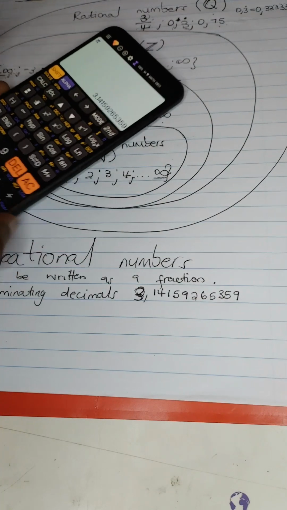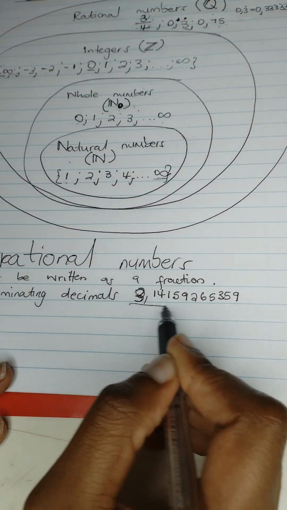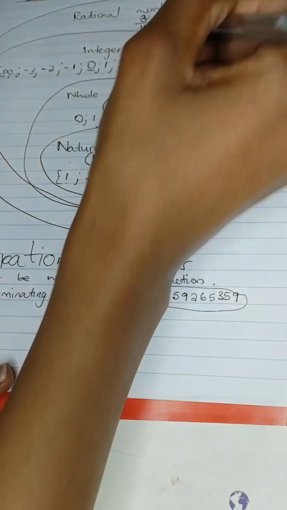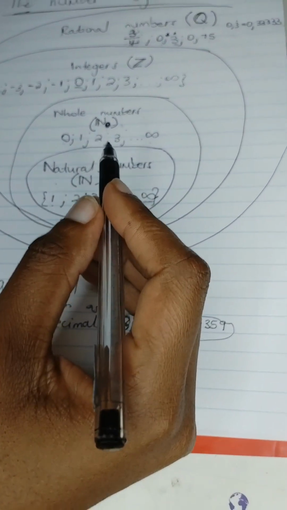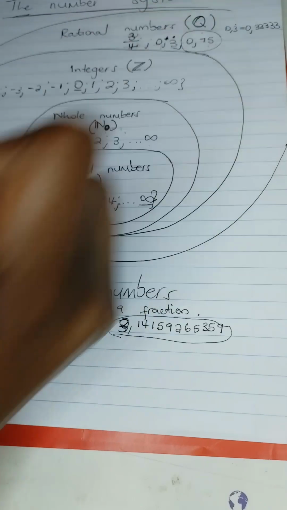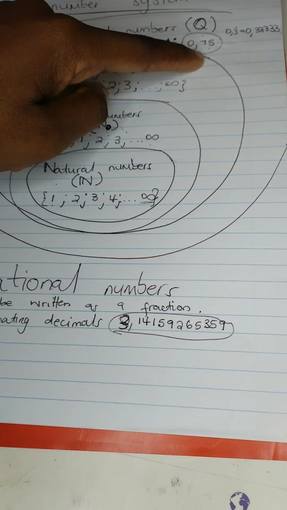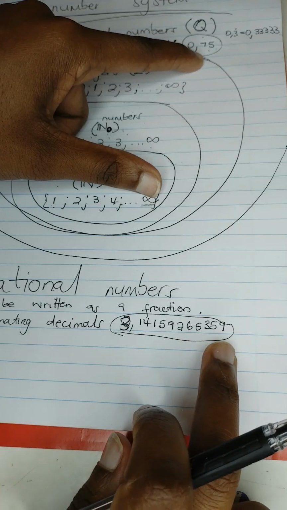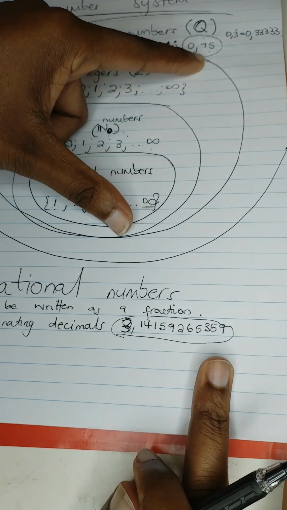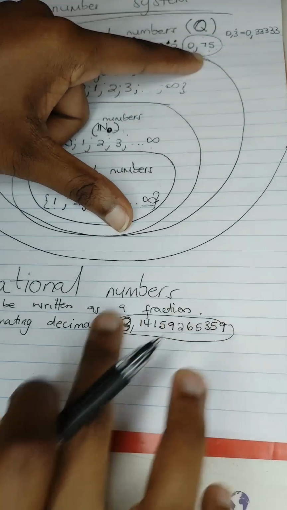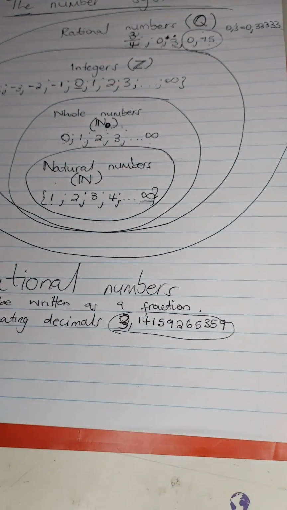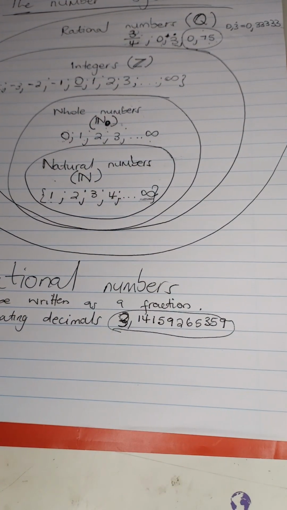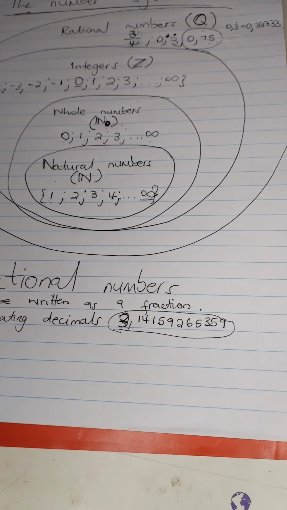Check the difference between this decimal and this decimal. 0.75 terminates, but 3.14159265359 is a non-terminating decimal. That is how you identify an irrational number.